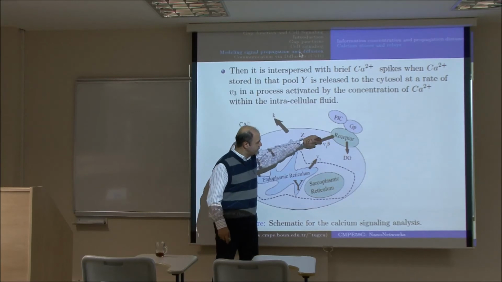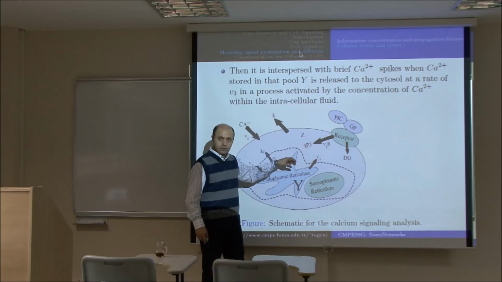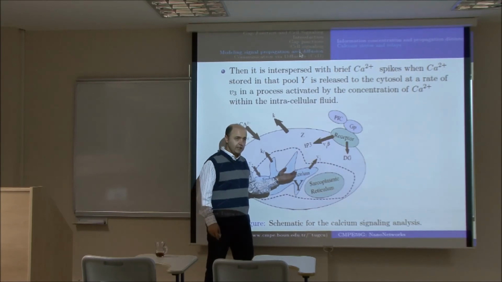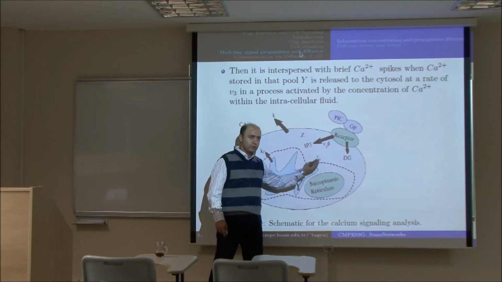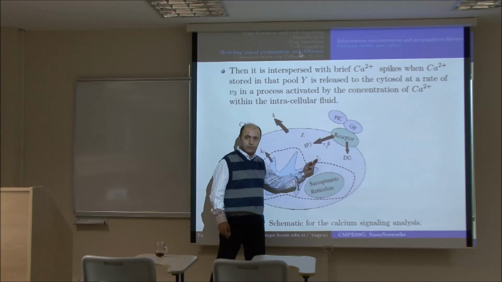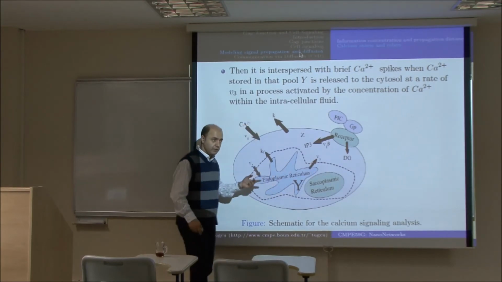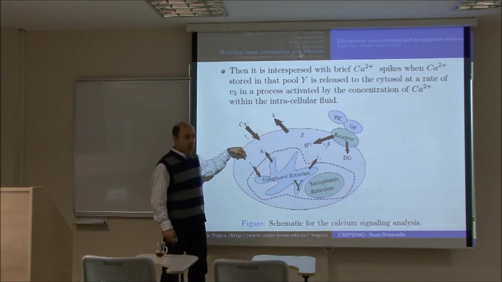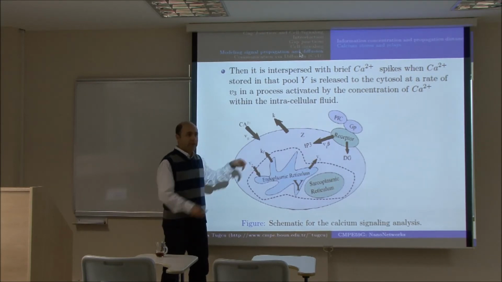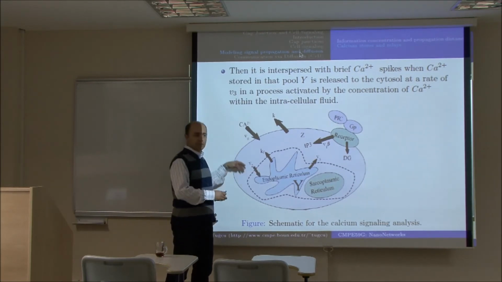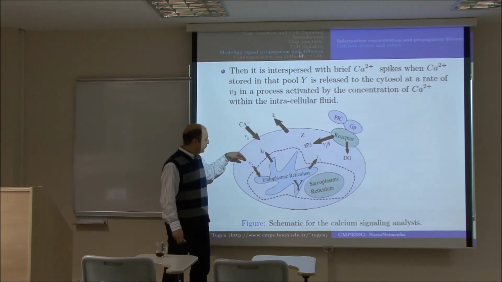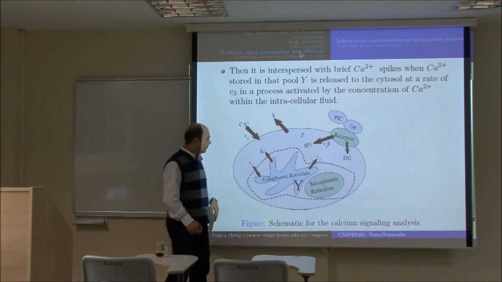The IP3 molecules here will trigger the calcium pool, and the calcium pool will release calcium ions at a rate of V3. Meanwhile, calcium ions are also flowing into the pool. So while you're throwing some out, some also flow in at a rate of V2.